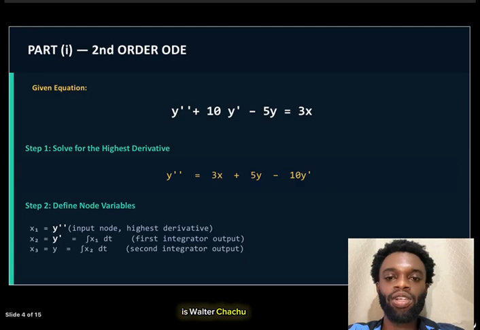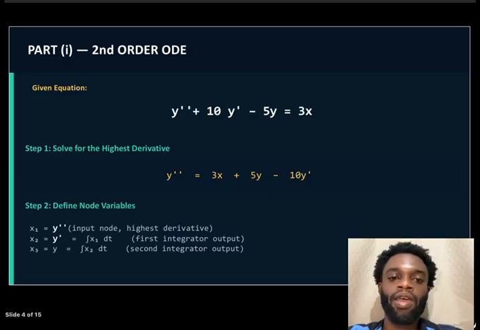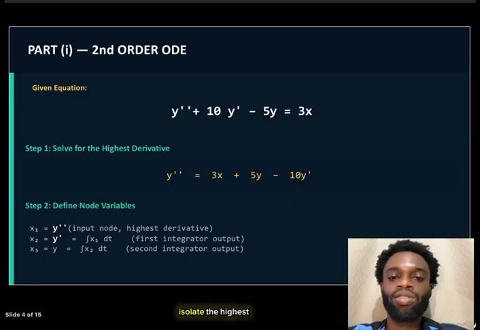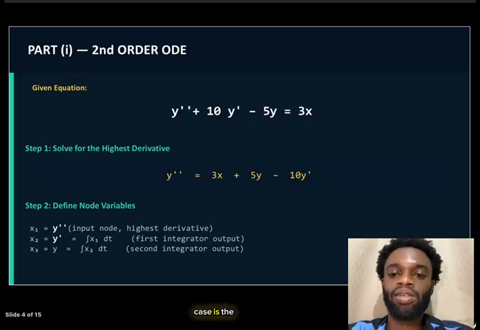My name is Walter Chachu, and I'll walk us through the setup for part I, which is our second order differential equation. The equation given to us is y'' + 10y' - 5y = 3x. Our first step is always to isolate the highest derivative, which in this case is y'' on one side of the equation.